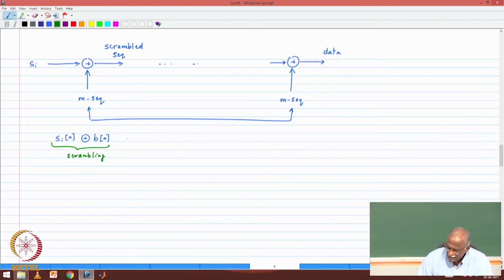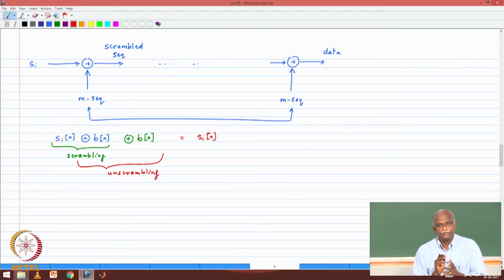Then at the other end, I do exclusive OR with B of n. B of n exclusive OR with itself will remove the scrambling. So this is the unscrambling operation, and what comes out of this is Si of n. That's what we have written down here. Again, simple operation, but it's good for us to know in the context.